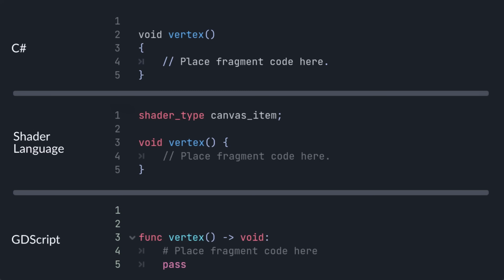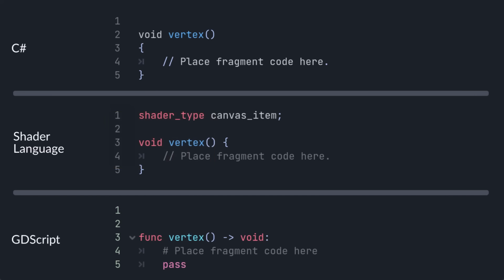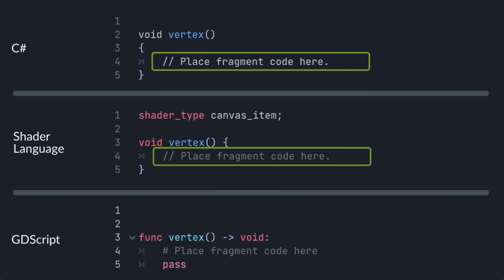The shader language doesn't have the func keyword, so a function is simply identified by its name. Also, we use these curly braces here to mark the beginning and ending of code blocks, while in GDScript, we use indentation to mark code blocks. Finally, we have a comment here, which is created by writing 2 slashes, same as in C#. In GDScript, we would use a hash sign for this.